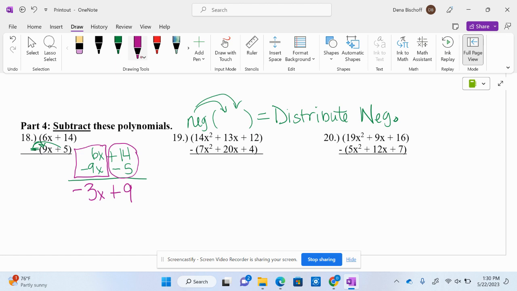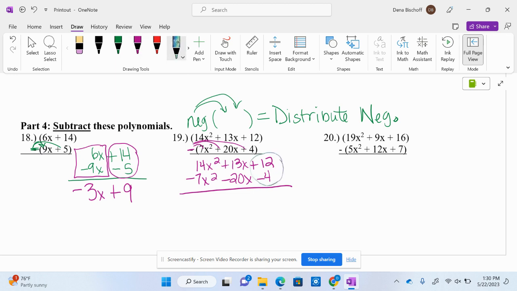So again, I'm going to distribute the negative for number 19. So I have 14x squared plus 13x plus 12. And I'm going to distribute this negative 7 to each term in that bottom parenthesis. Negative 7x squared, negative 20x, negative 4. And then I'm going to combine like terms.